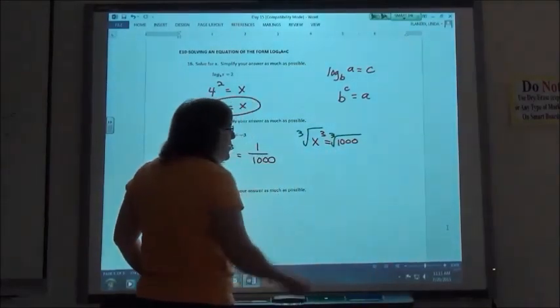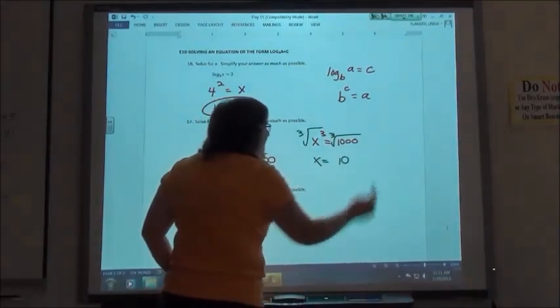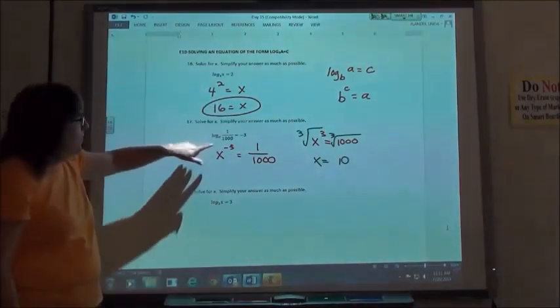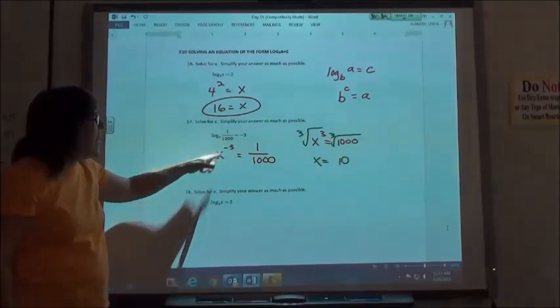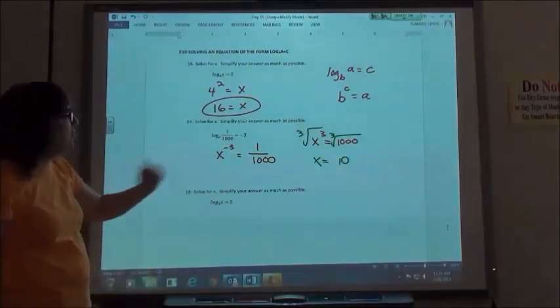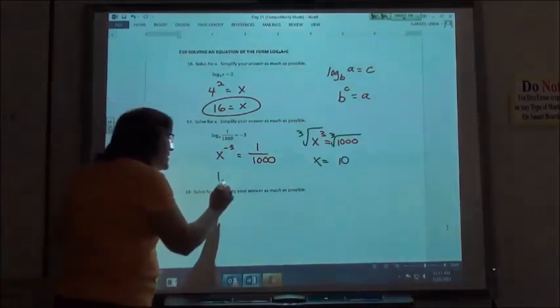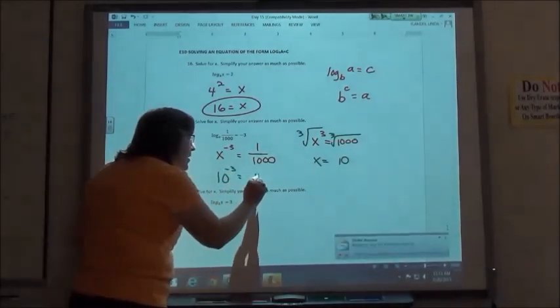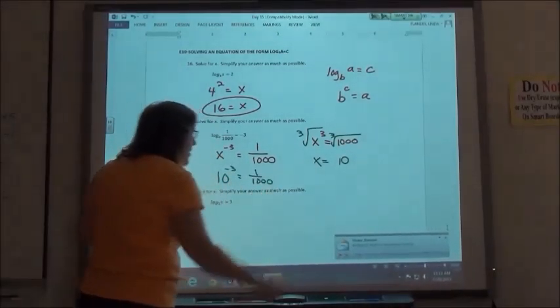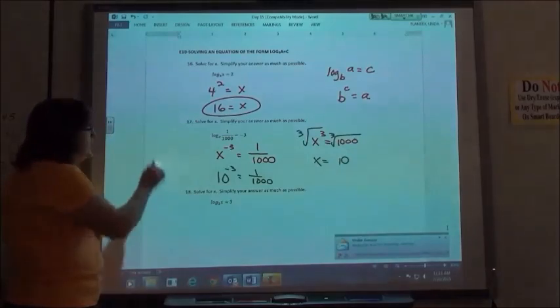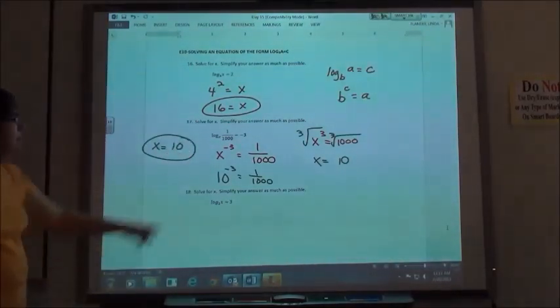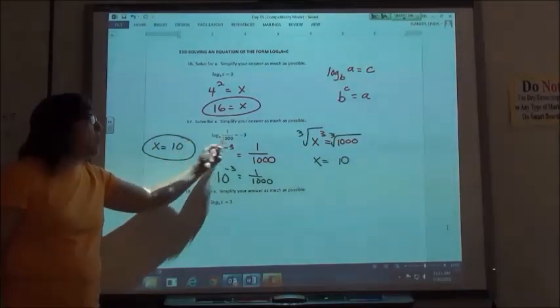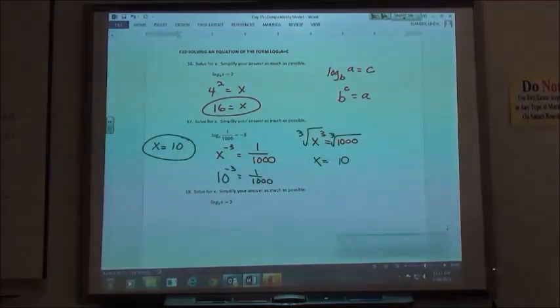The cube root of 1,000 is 10. So, since I had to do the reciprocal, my exponent was negative. Since 10 to the 3rd is 1,000, that means 10 to the negative 3rd is 1 over 1,000. So x is going to be 10. The log base 10 of 1 over 1,000 would equal negative 3.